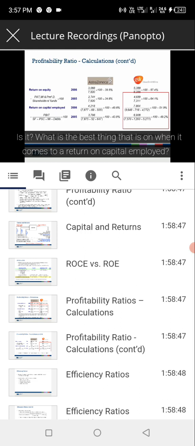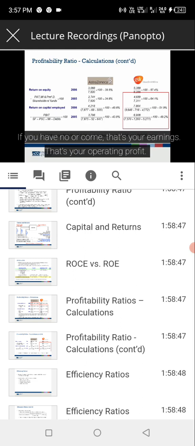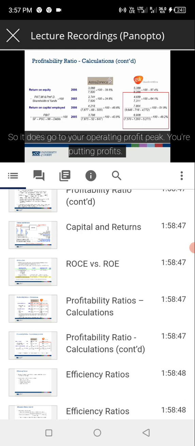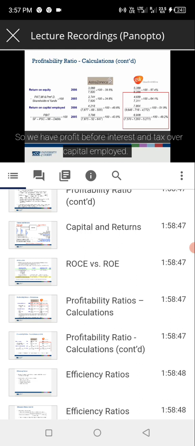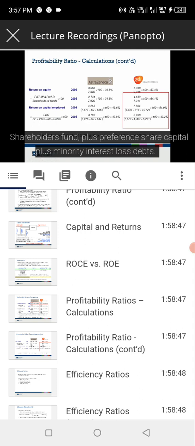And when it comes to return on capital employed, I said your PBIT, profit before interest and tax, if you have no other income, that's your earnings, that's your operating profit. Is that okay? So just go to your operating profit and pick your operating profit. So we have profit before interest and tax over capital employed. So the calculation of your capital employed is shareholders fund plus preference share capital plus minority interest plus debt.